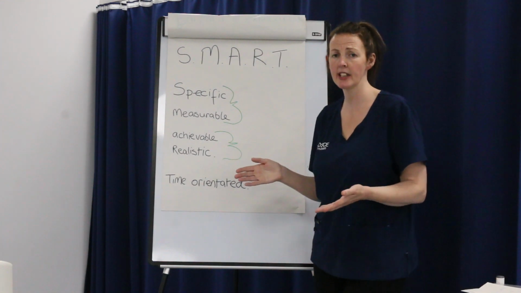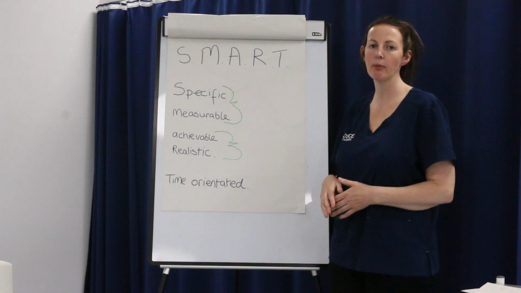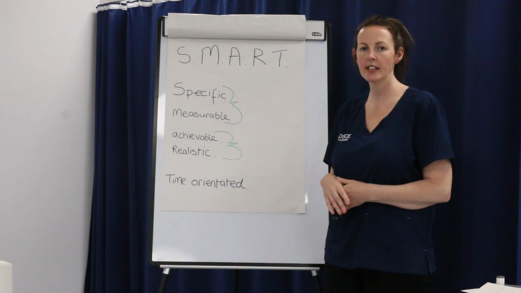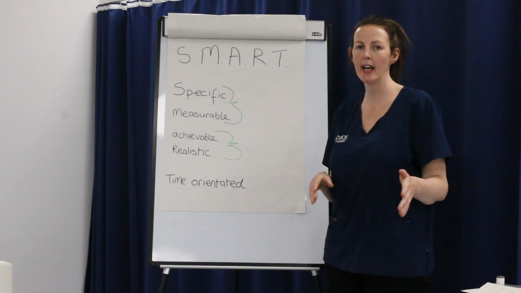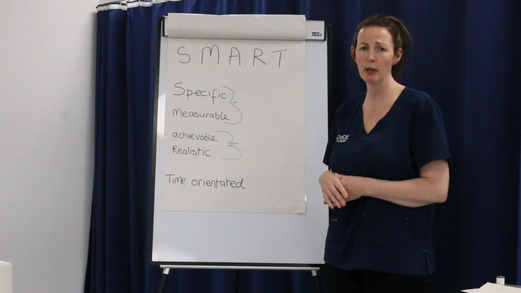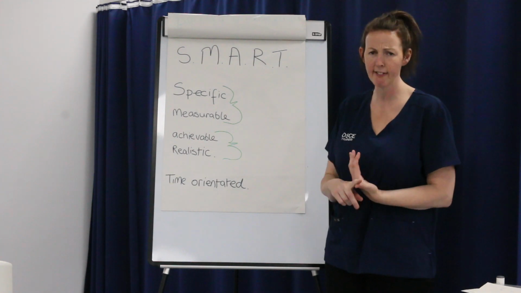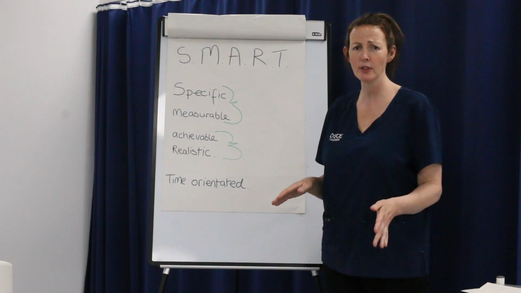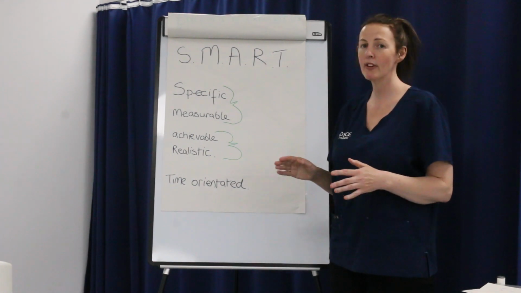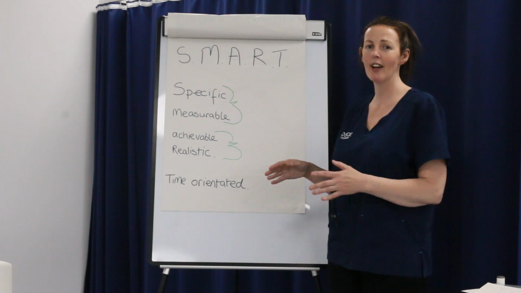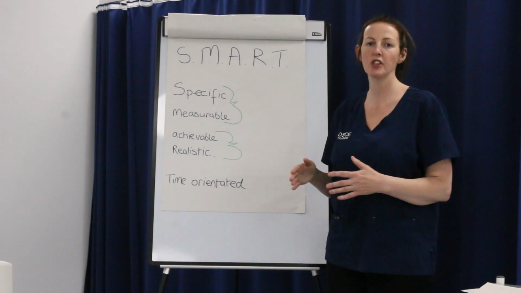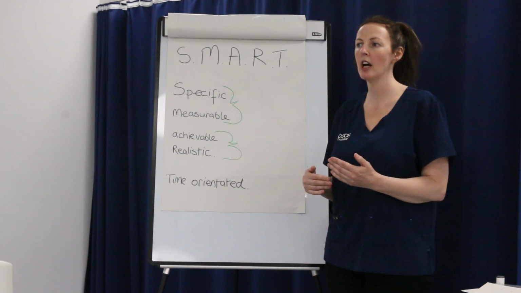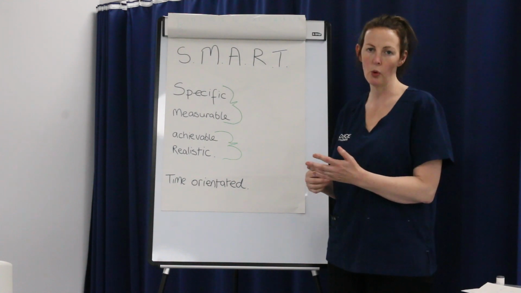Let's take Mr. Jones again. So Mr. Jones, as we said, we met him in the nursing assessment station, and when we met him, he had quite a poor baseline mobility. He mobilised with a walking frame, he had osteoarthritis in both hips, he'd had recent falls at home. It is not realistic or achievable then for me to write a nursing aim that Mr. Jones will mobilise independently up and down the ward.